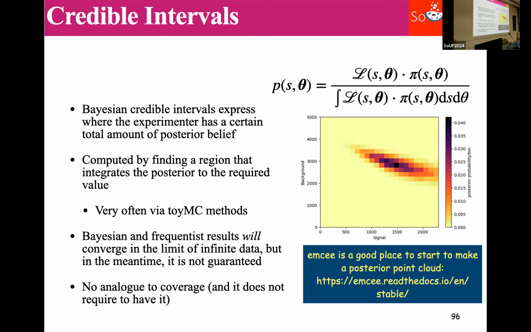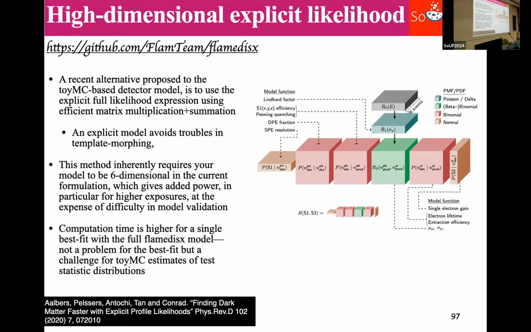And there are great online tools to do Bayesian analysis in general, and Bayesian credible intervals. MCMC is a very standard way of sampling these posteriors and getting out the posterior density. So this is somewhere we can look if you're interested in dipping your toe into this.